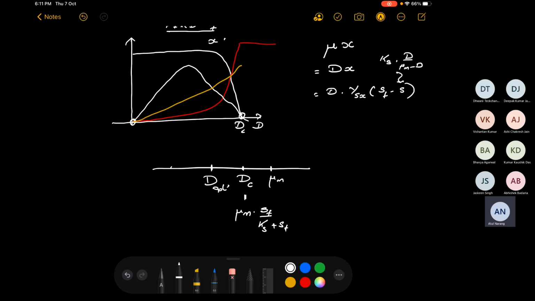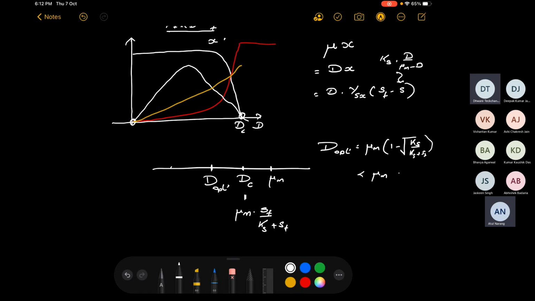Is that part clear? The formula that you have just given me is D optimum equals mu m times 1 minus square root of Ks over Ks plus Sf. This is clearly less than mu m. Correct?